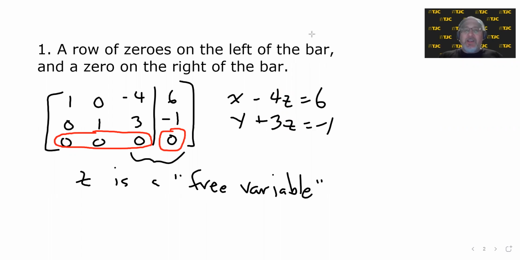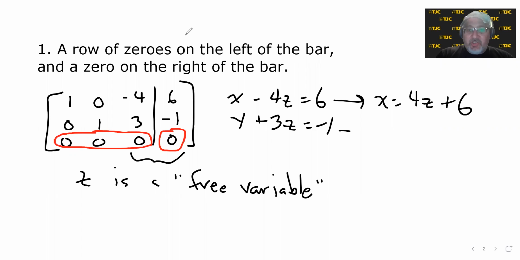So if z is free and x and y depend on the z, then all we have to do is solve each equation in terms of z. In other words, solve for the x, solve for the y. Well, those would both be pretty easy to do. If we solve the first equation, we get x equals 4z plus 6. Just add the 4z to the other side. If we solve the second equation, we get y equals negative 3z minus 1.